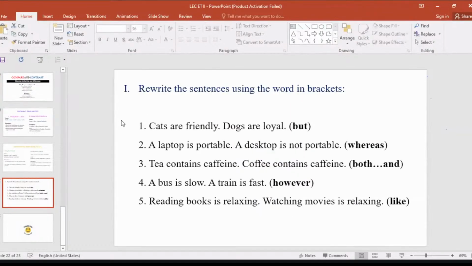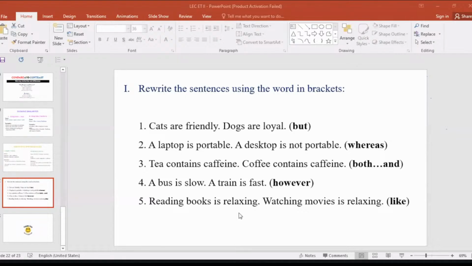Right. So we'll just rewrite the sentences. Cats are friendly, dogs are loyal. So then you can see cats are friendly, but dogs are loyal. Then a laptop is portable, whereas a desktop is not portable. Right. Then next, tea contains caffeine, coffee contains caffeine. Both tea and coffee contain caffeine.